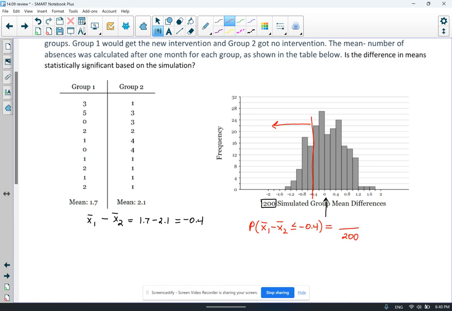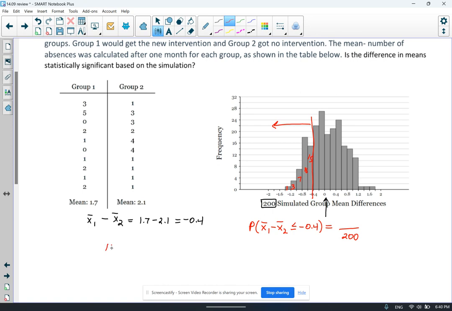And so let's count the frequencies. So we're going to estimate. This looks like 1, this looks like 3, this looks like 7, this looks like 18, and this looks like 12, 14, almost 15.